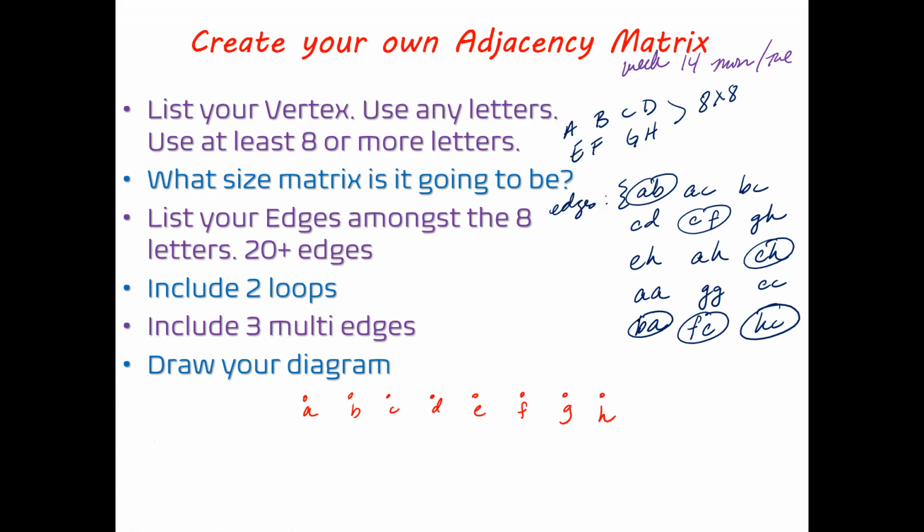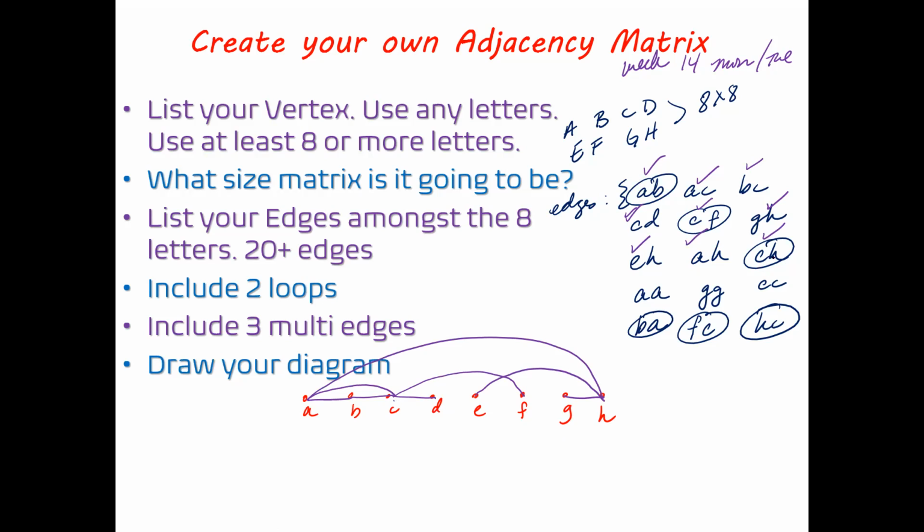Now that I have my vertices, AB, so there's A, AC, here we go, BC, there we go, CD, here we go, CF, so C jumps over to F, GH, so G connects to H, EH, so E then jumps over to H, AH, so A jumps over to H, CH one more time.